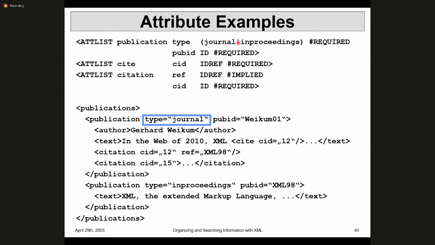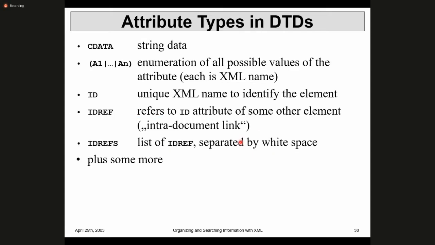So it should be either journal or in proceedings. You can't use anything other than this. Here, the siteID refers to this one, so that means it is referring to another element.